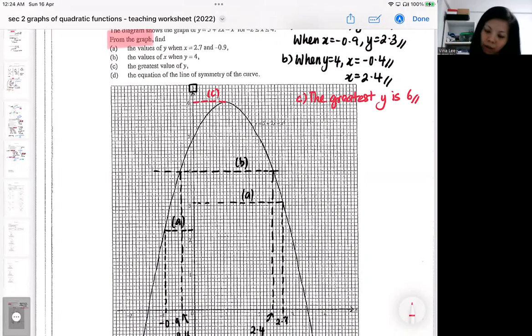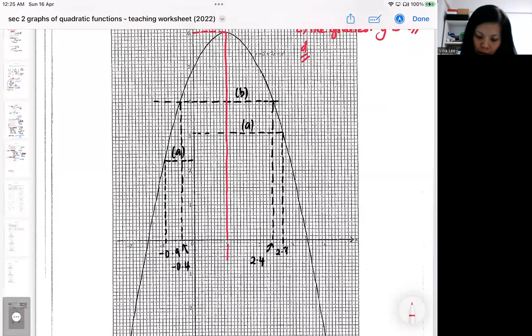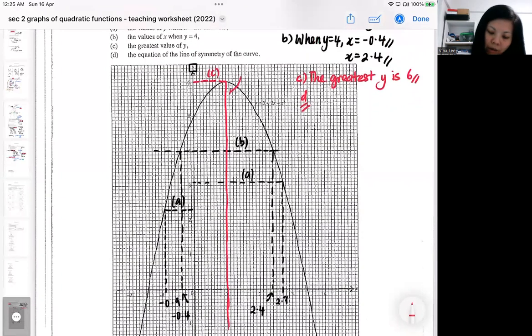Okay? And then the line of symmetry. The line of symmetry will usually correspond to the highest or the lowest point. So you draw it down properly. I think in this case, you get x equal to 1. So this is the line of symmetry.